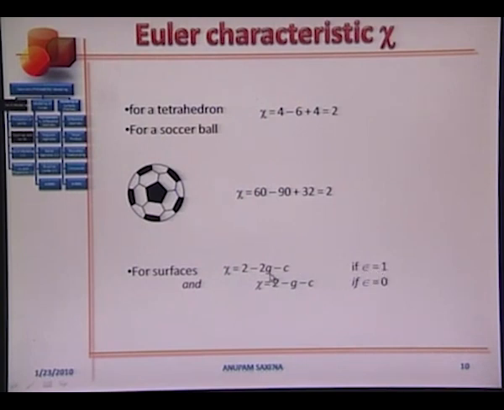Recall again that g is the genus value in a solid and c is the number of boundary components. For non-orientable surfaces for which epsilon equals 0, chi is given by 2 minus g minus c. That is 2 minus the genus value minus the number of boundary components.